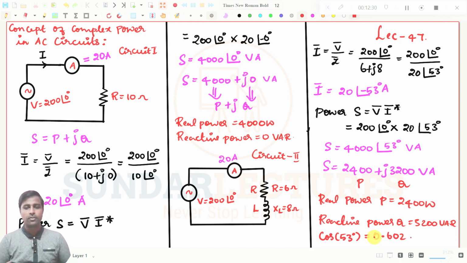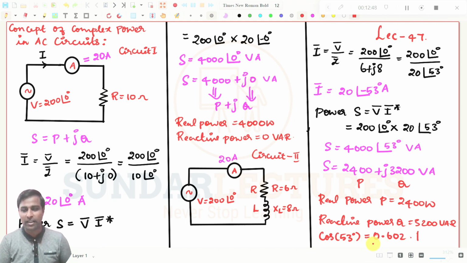So what does this 0.602 actually mean? It means this circuit is utilizing only 60% of the power that is given by the supplier. That is the whole meaning of this power factor.